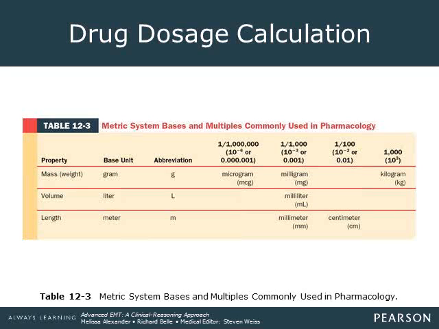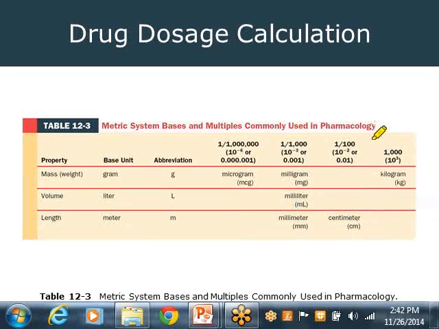So mass or weight is gram, and if I were to take, and we'll draw on the screen again here, take my highlighter and just write down through there, that is where you need to keep in mind that the base unit actually falls.